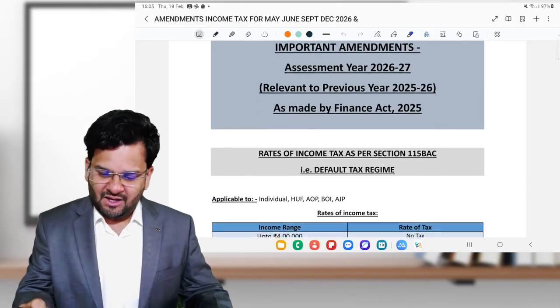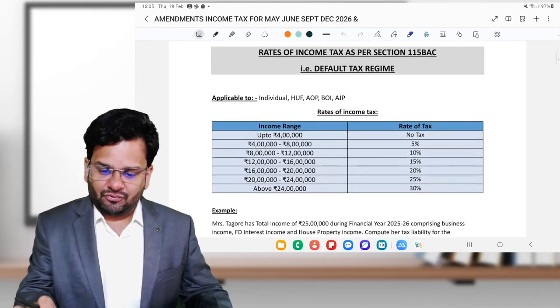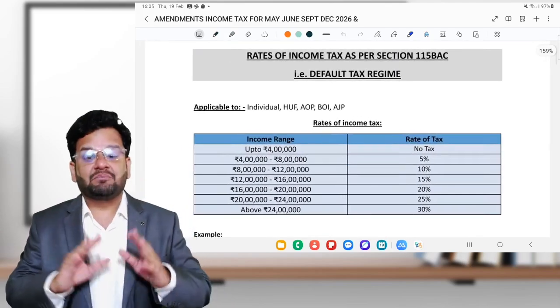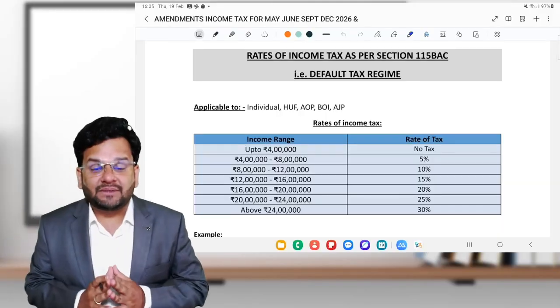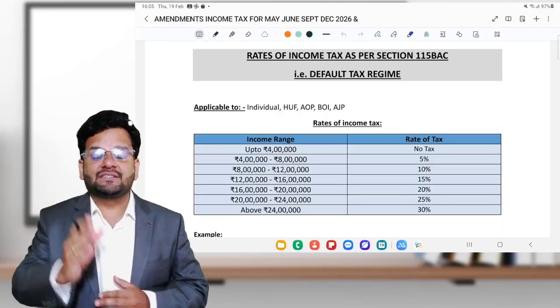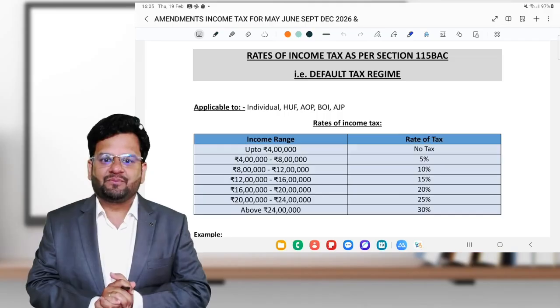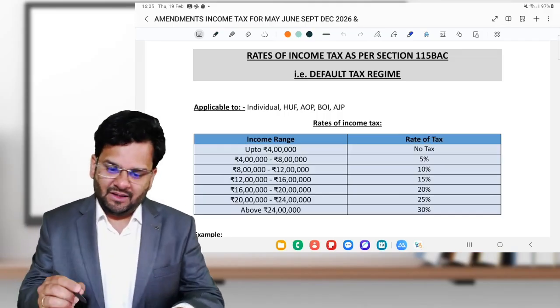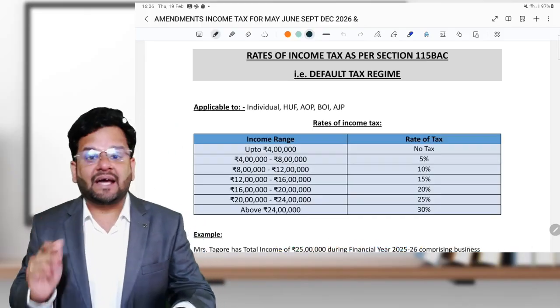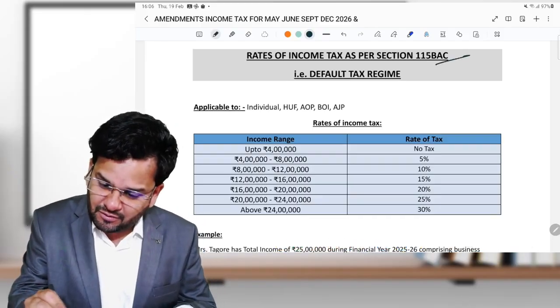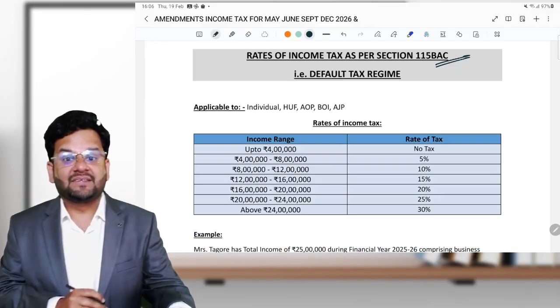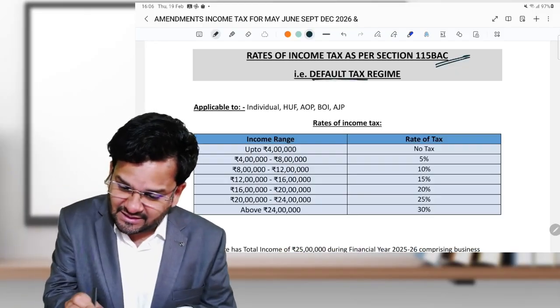So friends, first of all, rates of income tax. Let me clarify that the Income Tax Act 1961 itself will be applicable to you. Rates of income tax under 115BAC, that is the default tax regime.